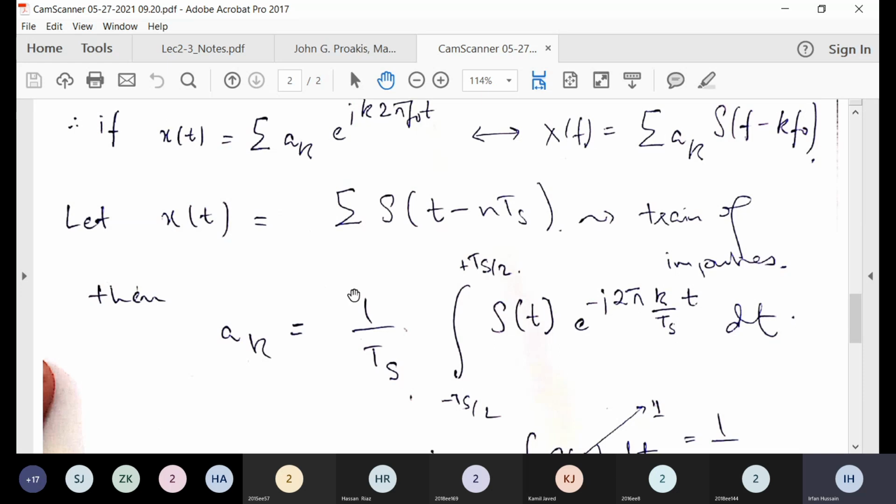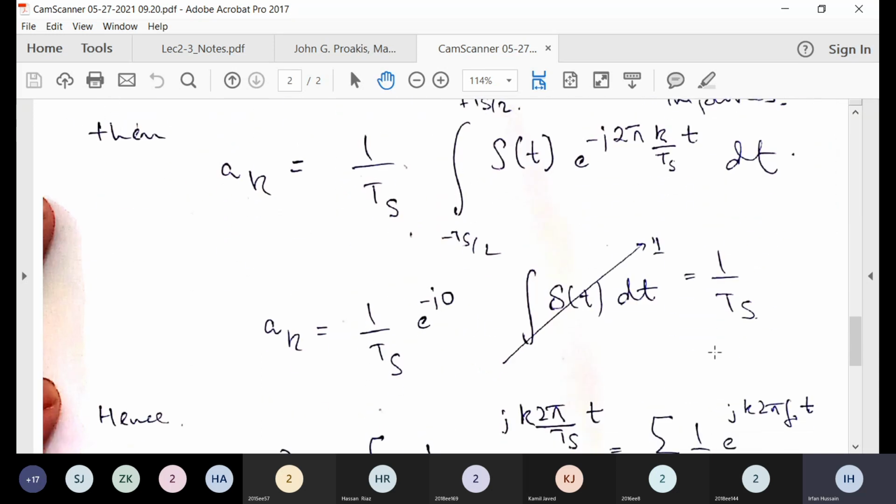The interval is Ts. Whatever the time period, you just have one impulse within this time period, and you apply the famous e to the j 2 pi k f naught t, where f naught is the fundamental harmonic, which is 1 over Ts. And again you apply the shifting theorem.